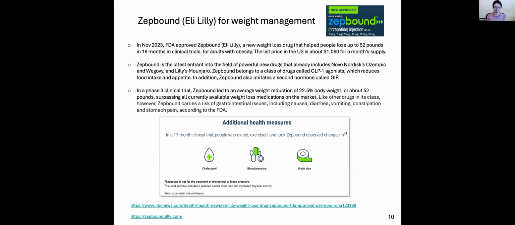They were able to reduce their cholesterol level, reduce their blood pressure, and reduce their waist circumference. So as I mentioned, all these drugs, Ozempic, Wegovy, Zepbound, and Mounjaro, were taken in combination with dieting and exercising, okay?